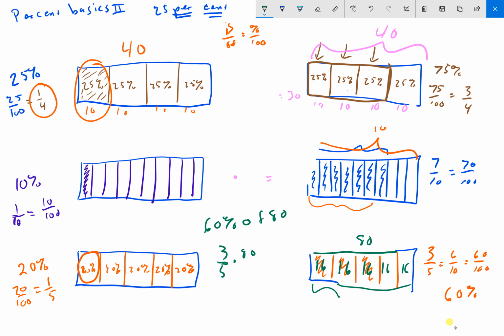Now 3 of those 16s is worth 48. So it's 48. You might also realize that 0.6 times 80 is 48. You may have also realized that 0.75 times 40 was 30, but we're not going to get into that right now because my battery is dying.